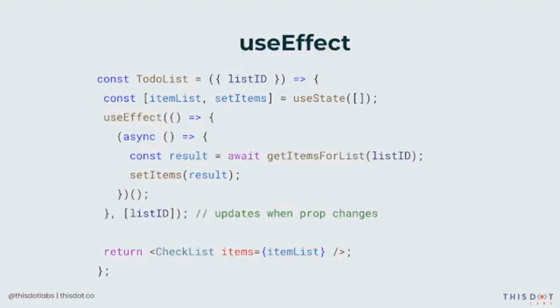There are two things we still need to go over here, and that is our function notation. If we look at the useEffect, which opens with a normal function, if you want to do anything that's not async, so just normal side effects, you can do it straight in that function. But if you want to do async operations, you'll need to make a new async function, and call that to do the async operations.